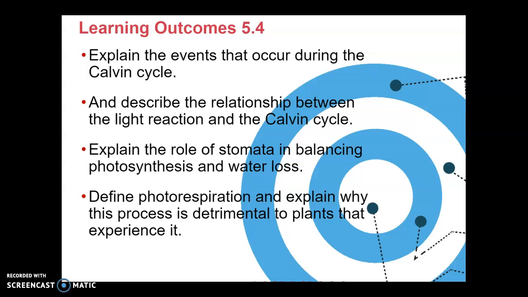And then in the final video, we're going to be looking more at photorespiration and this last bullet point on the learning outcomes. And that should help us understand how different ways of doing photosynthesis have detrimental or beneficial implications for plants and for the environment.